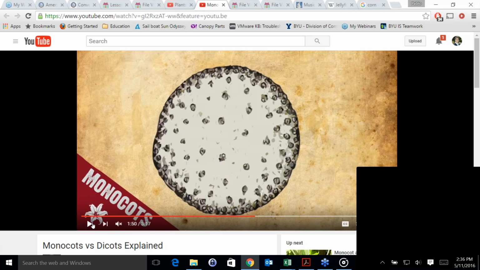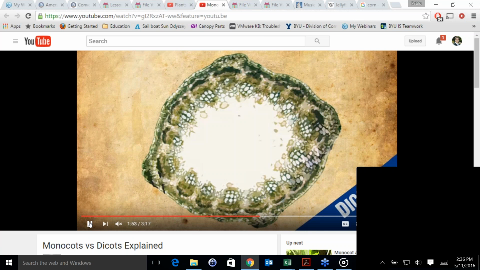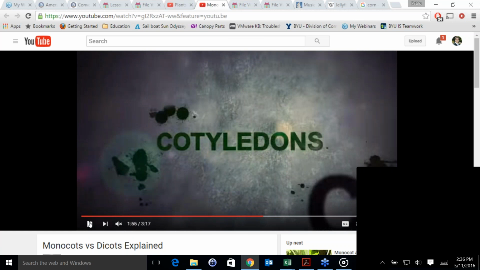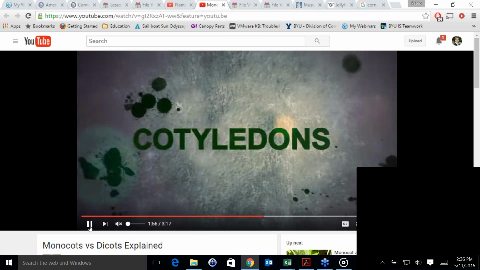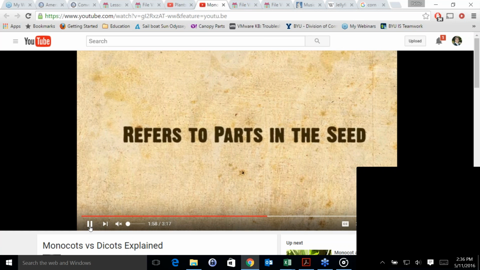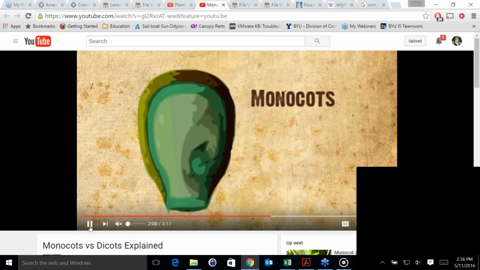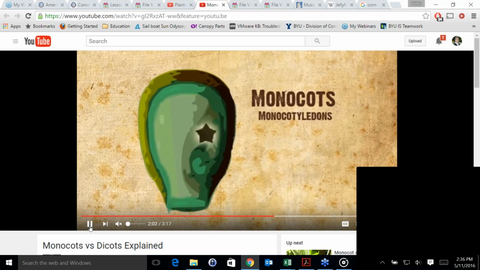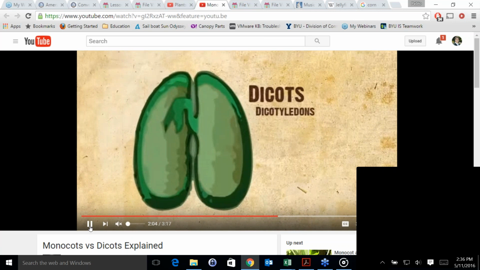There's no real order in how they're placed inside, the xylem and phloem and all of that. Whereas in dicots, the vascular bundles are organized at the edge of the stem. And then the fifth characteristic is the cotyledons, which I talked about before: a monocot has 1 cotyledon and the dicots have 2.